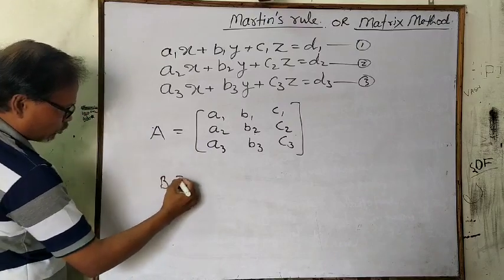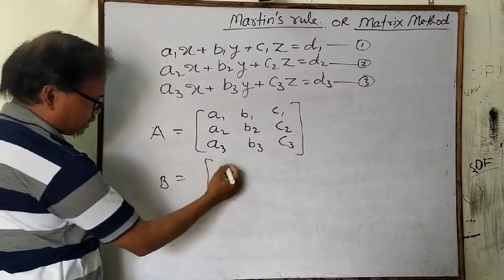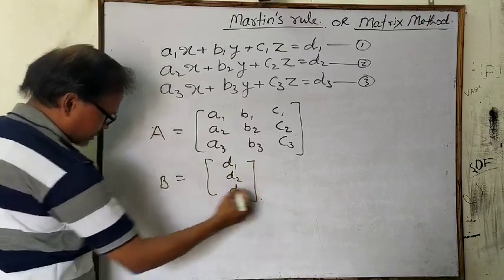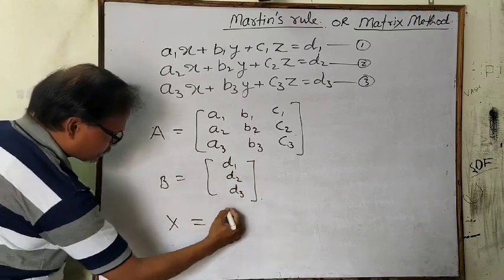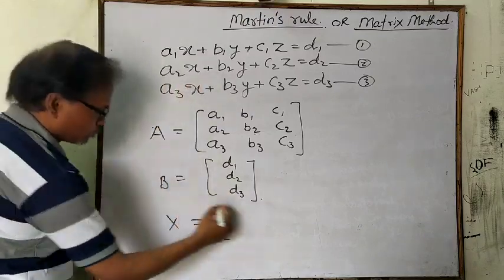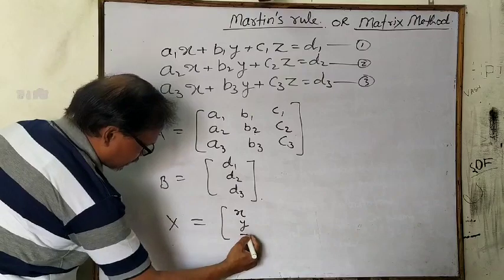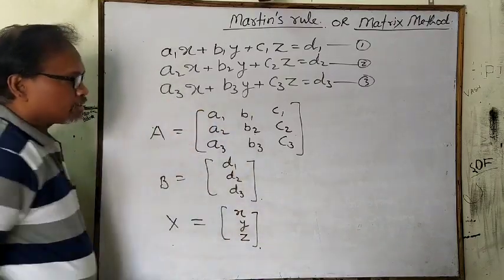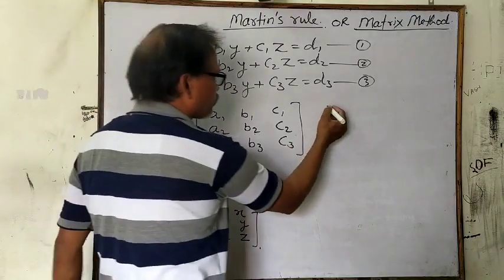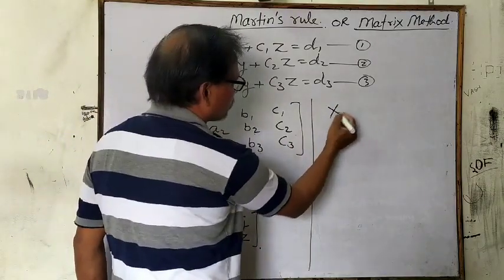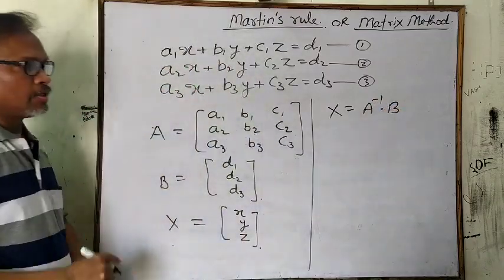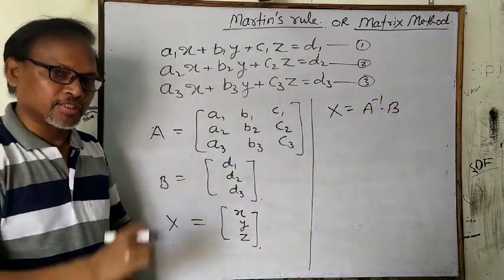Then matrix B, only the constant terms, d1, d2, d3, a column matrix. And then matrix X, which shows the variables used, x, y and z. Then we use the formula X = A inverse B.